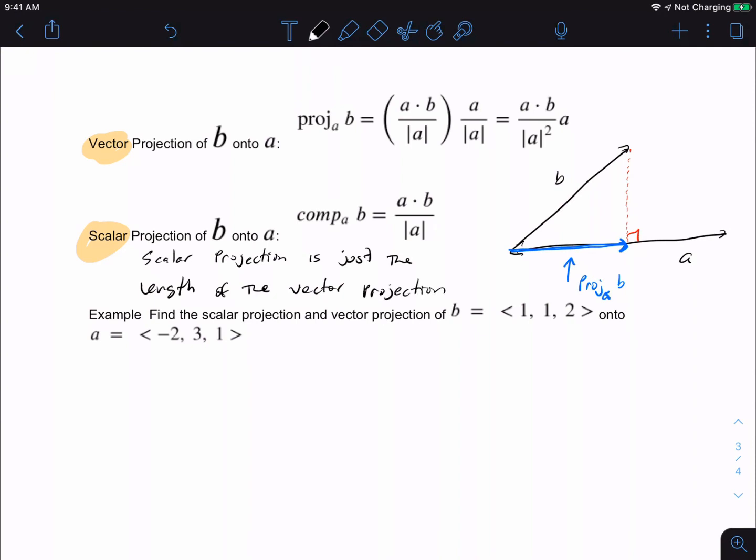Okay, so really it's how long is that blue vector? That's what the scalar projection is going to be.